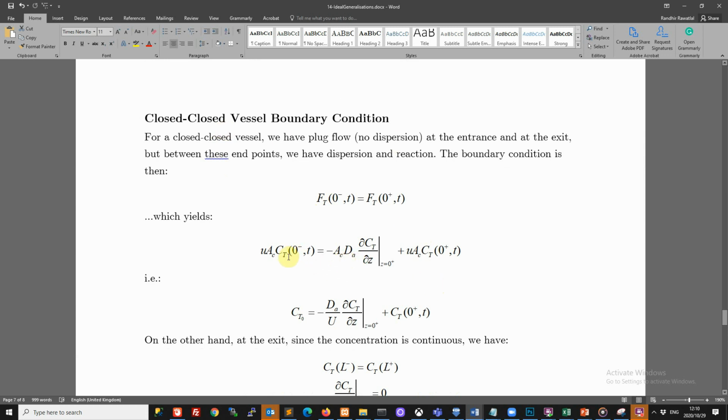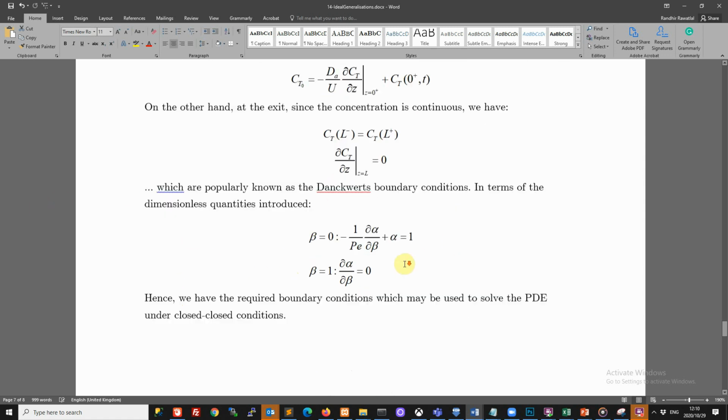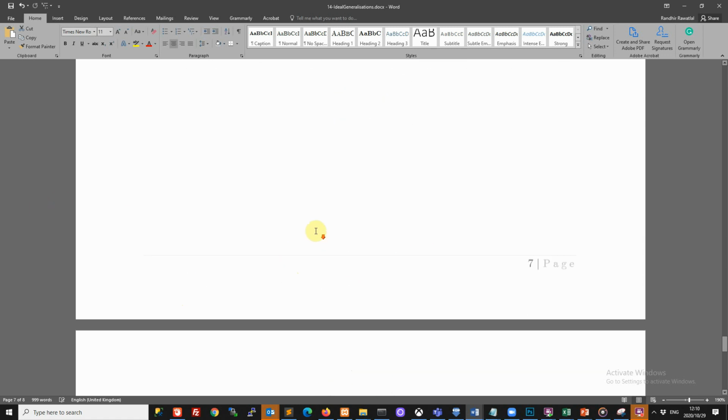So if you say that just to the left of the reactor, there's a convection flux coming in, and that's equal to, just to the right, dispersion into the tube plus convection into the tube. So based on this boundary condition, you can convert that to dimensionless form, and you can solve the equation.